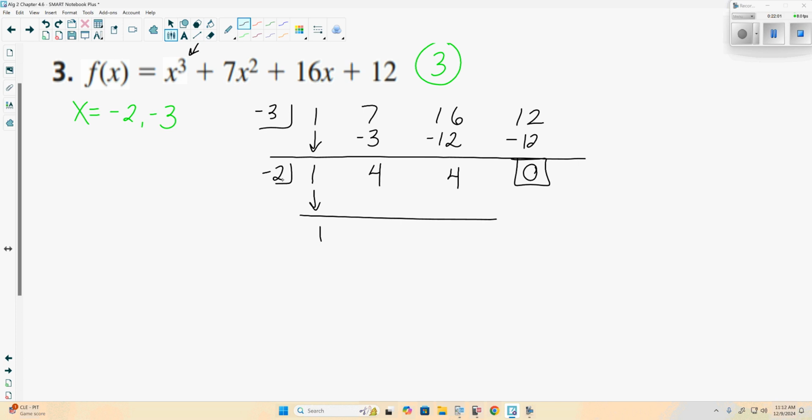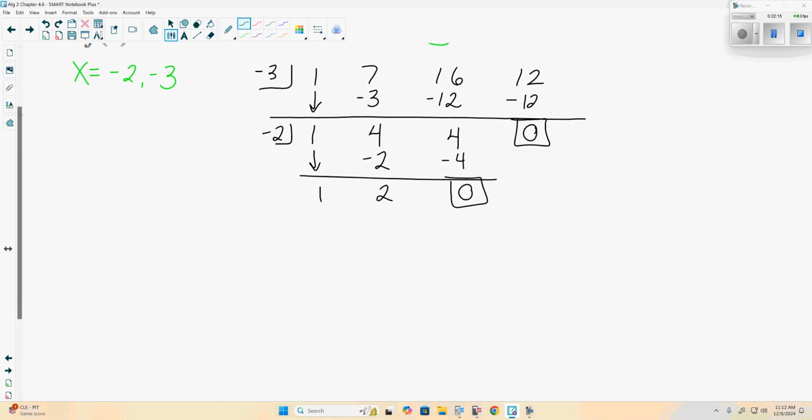Because -2 times 1 is -2. 4 plus -2 is 2. -2 times 2 is -4. 4 plus -4 is 0. So now we can plug the variables back in and solve for the last one, because we need 3 solutions and we've only found 2.